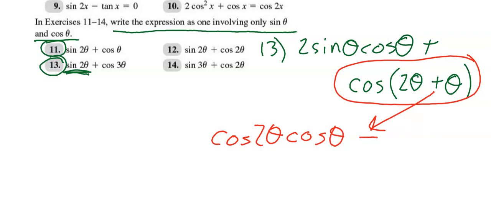Because it switches signs. Sine, sine, right? By the way, I will not be throwing a cosine or a sine 3 theta at you on a test, because it gets ugly. It's a great homework question because it stretches your brains, but it's a little bit time consuming. Okay?